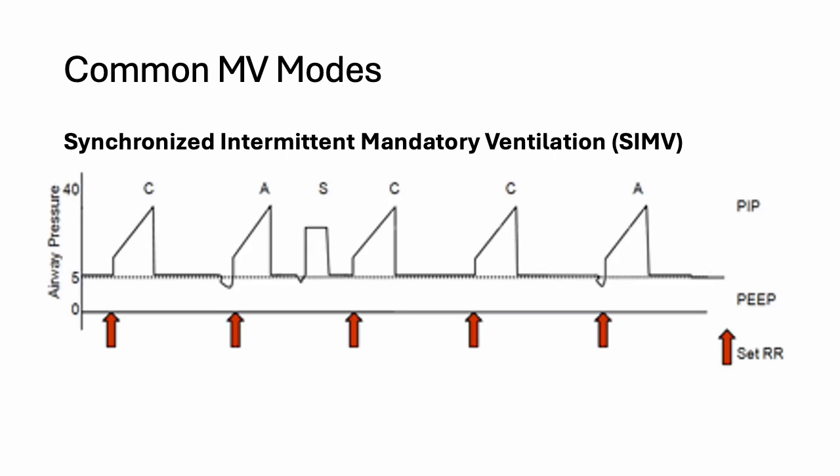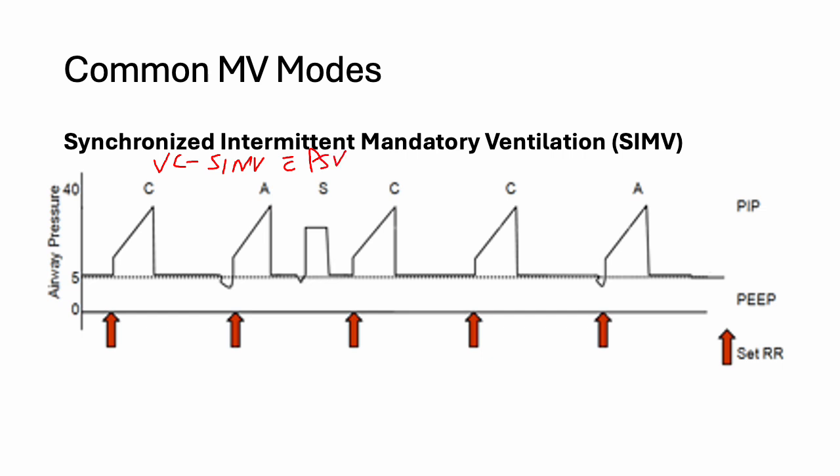Okay, so graphically, this is what it is. For this particular graph, you notice the shape is different. This is actually a VC SIMV mode with pressure support ventilation. Why VC?